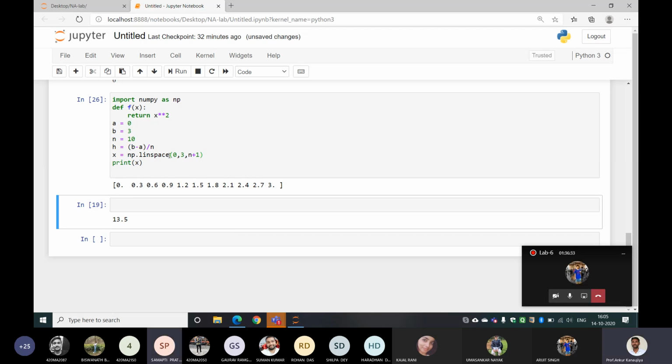I got 0 to 3 with the increment. Anyone have any doubt in this? I divided the interval into 10 equal parts, not 11 equal parts. 11 points, but 10 equal parts, because x0 to x10 is 11 points. That's why n+1.